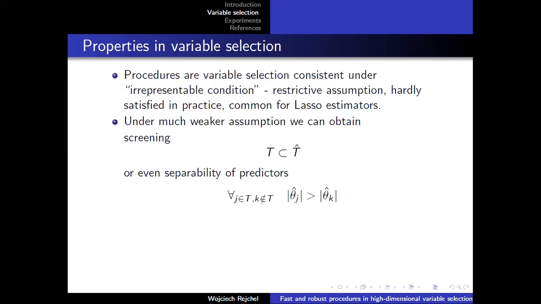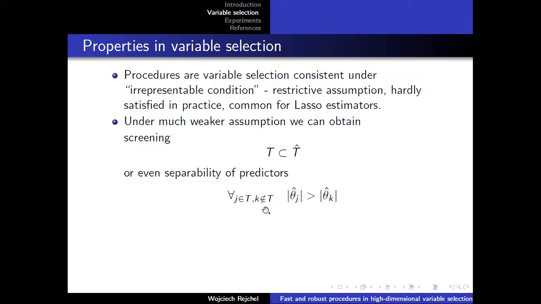But we are also able to prove the separability of predictors, which means that my estimator on coordinates which correspond to the true predictors is larger, with respect to absolute value of course, than the coordinates of my estimator which correspond to the irrelevant predictors.